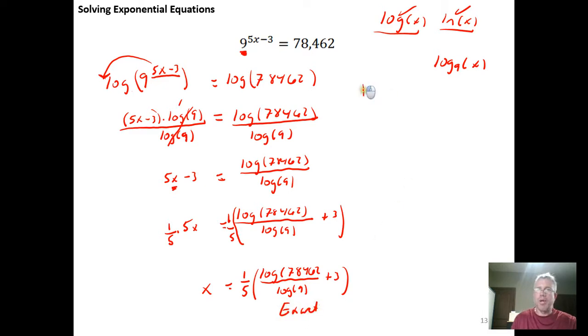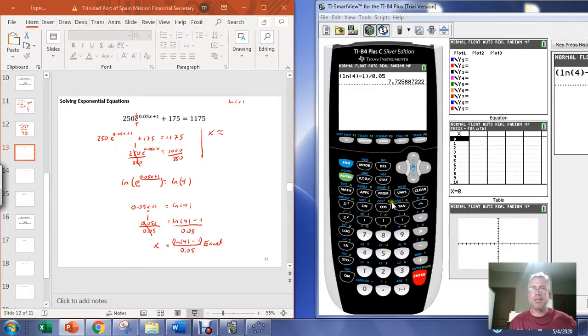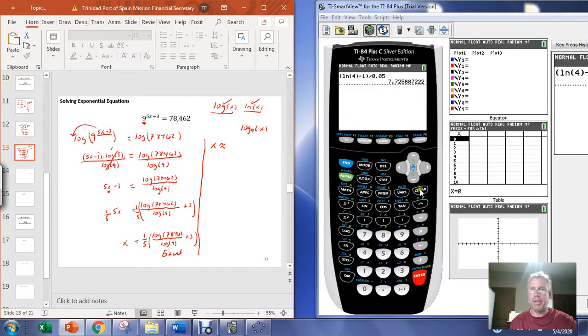If I need to approximate it, then I'm going to go to my calculator. I'm going to say x is approximately equal to, and I'm going to input this mess into my calculator. So I'm going to have 1/5, so 1 divided by 5, of parentheses. I used log base 10, so I'm going to use my log button. 78,462. Close that logarithm parentheses off.